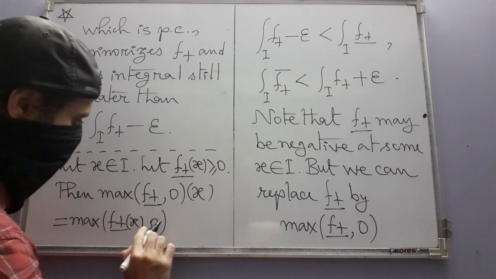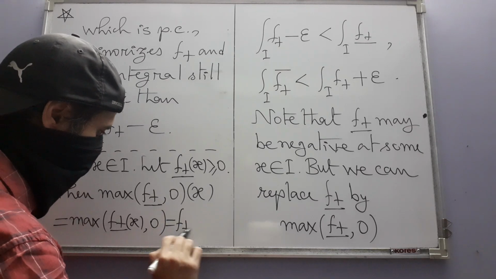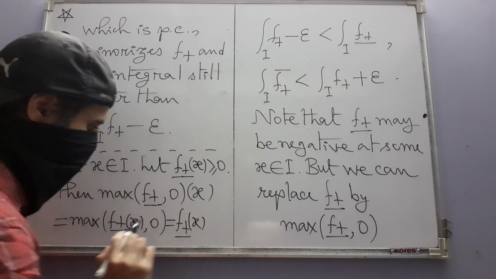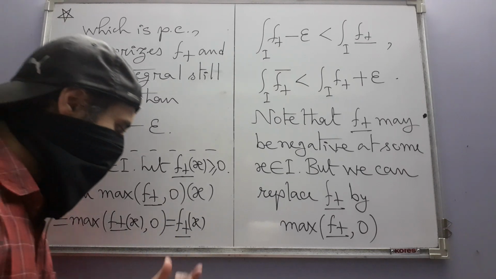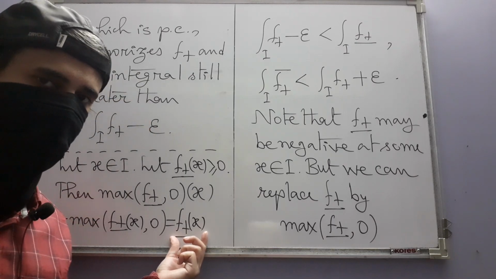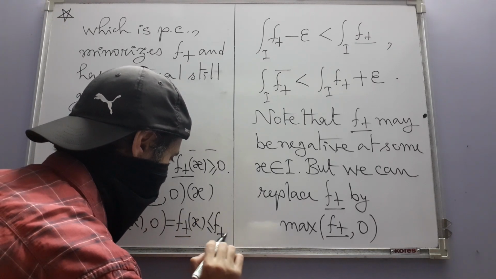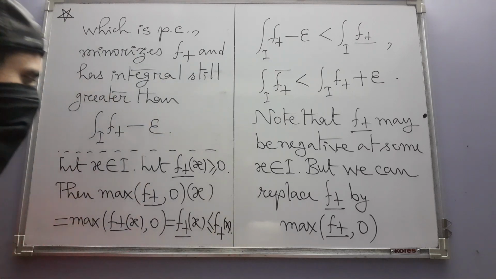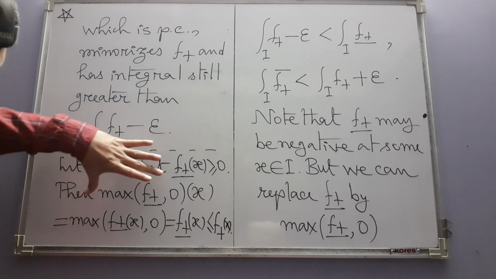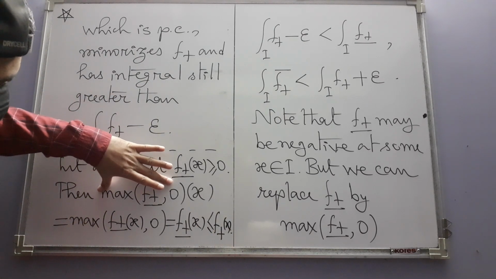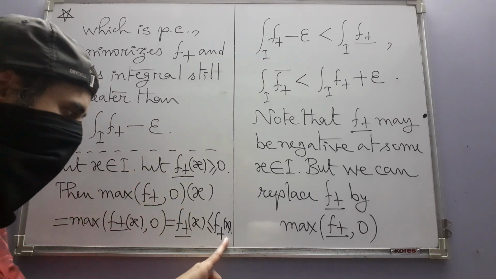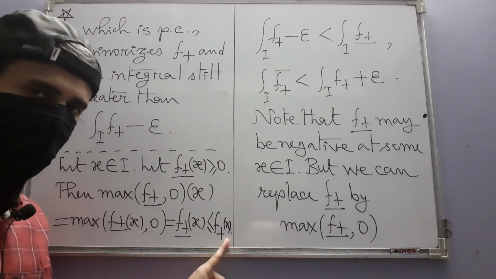Due to this inequality, this is just this. And already this one minorizes f plus. So this is less than or equal to f plus of x. So fine. The value of this function at x is also less than or equal to the value of f plus at x.